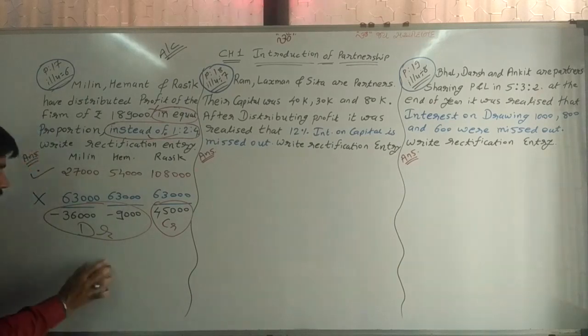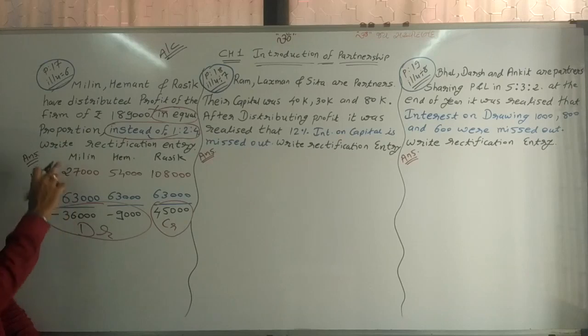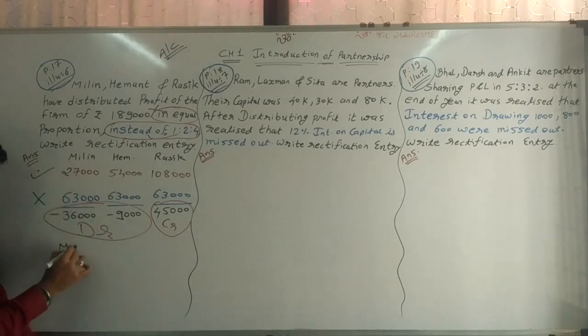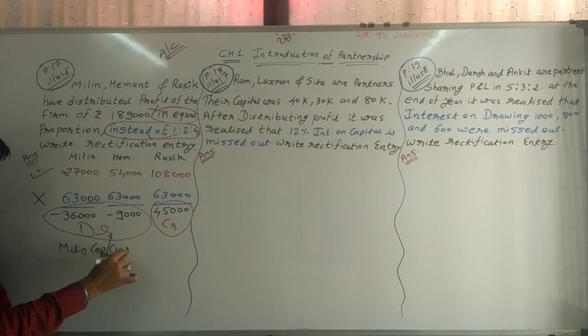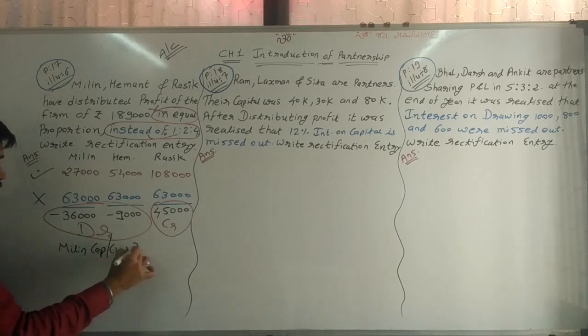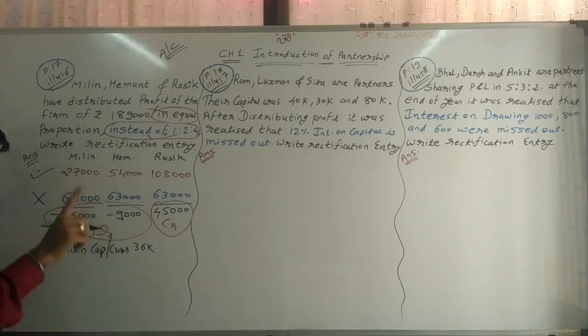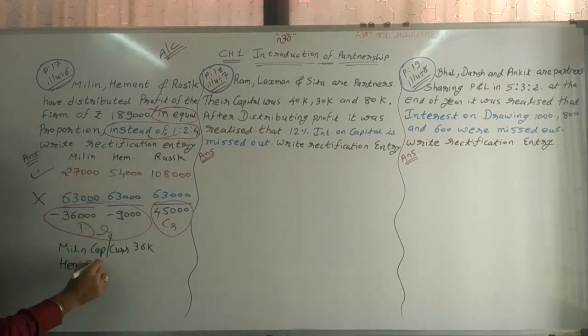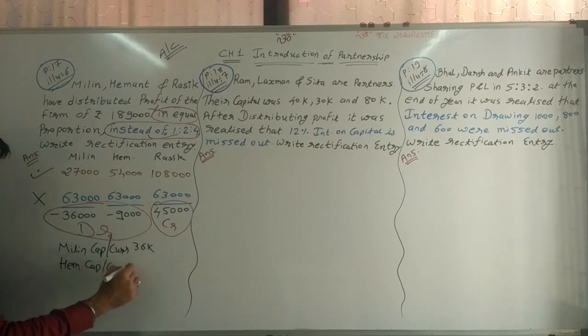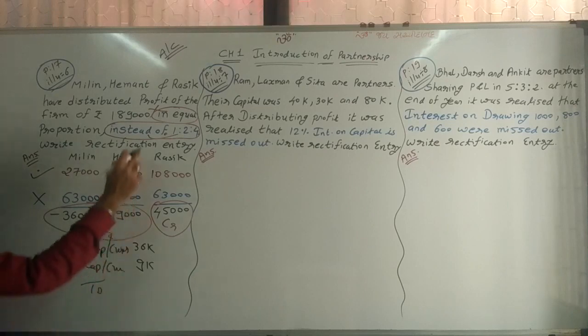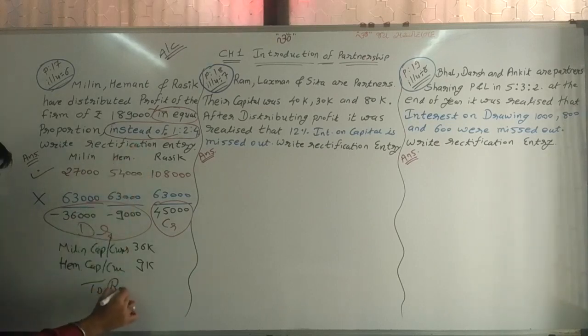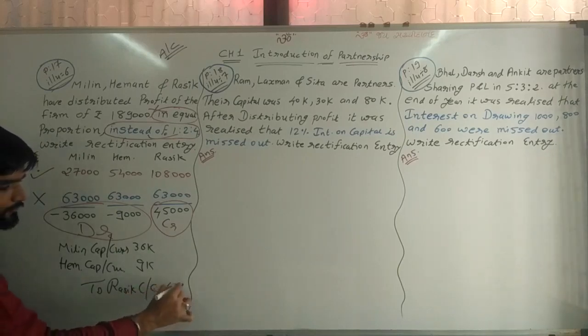Simple. So here I am writing journal entry. Milin capital or current account debited 36,000. Second, Hemant capital or current account debited 9,000. To Rasik capital or current account credited 45,000.